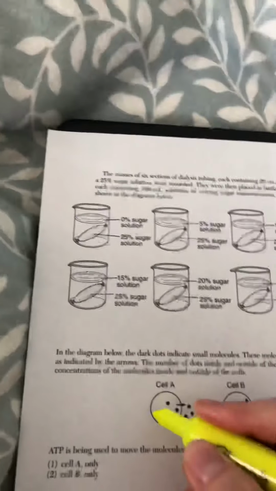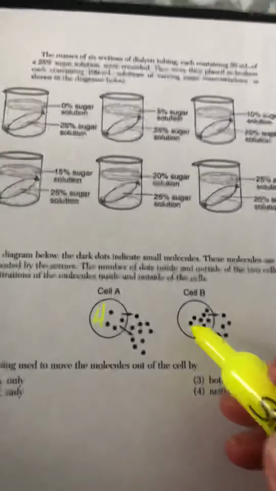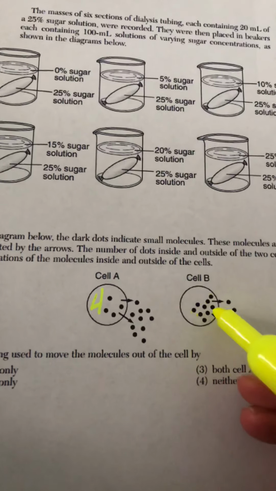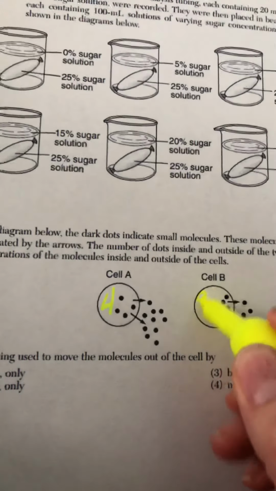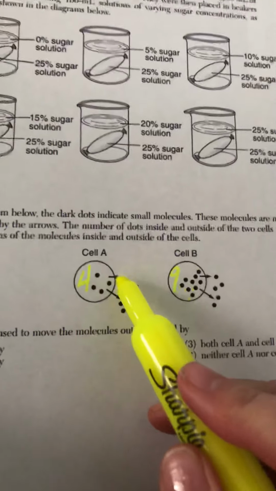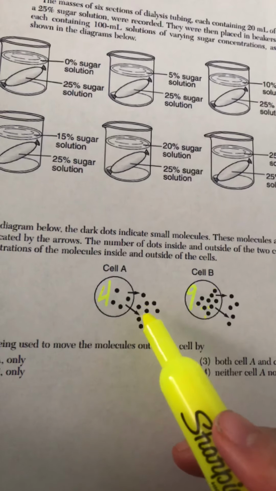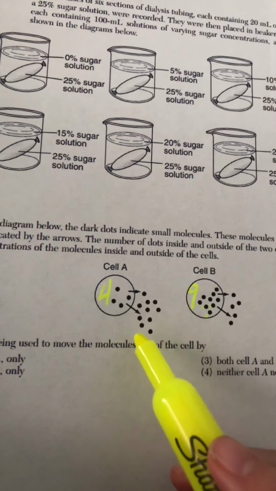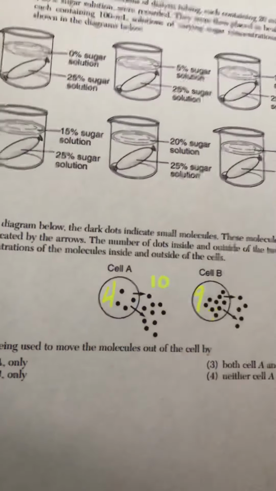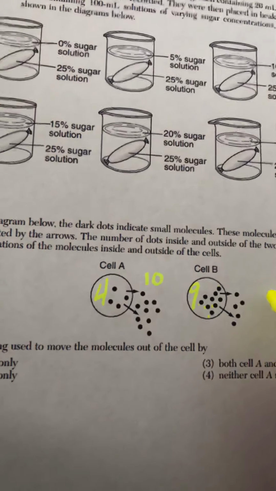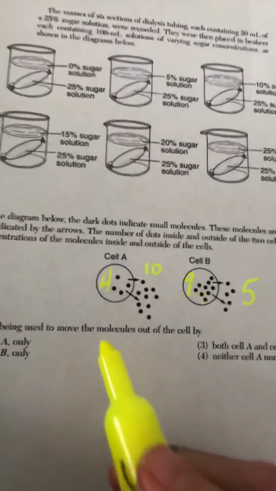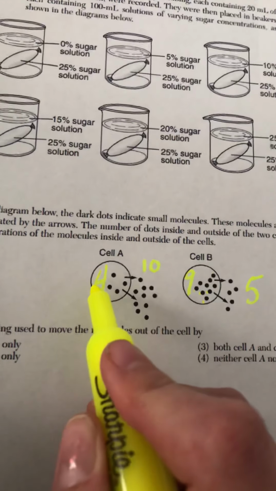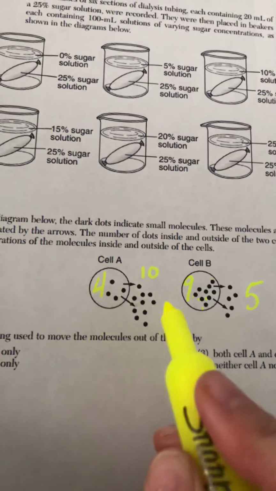Well, this one has 4. And this one has 1, 2, 3, 4, 5, 6, 7, 8, 9. On the outside, this one has 1, 2, 3, 4, 5, 6, 7, 8, 9, 10. And this one has 1, 2, 3, 4, 5. So this one is moving from an area of low to high.